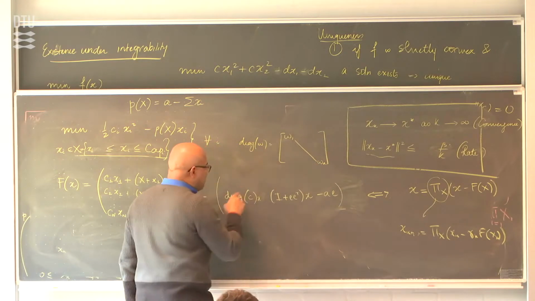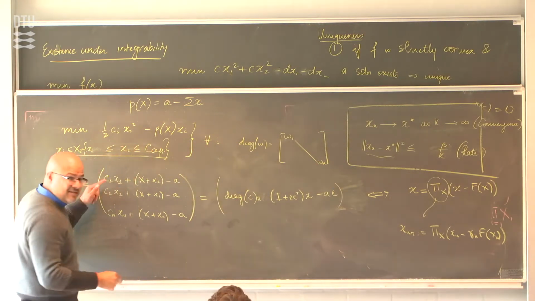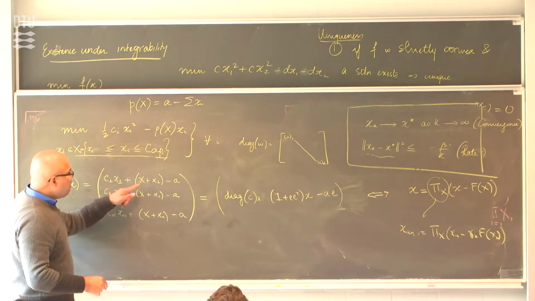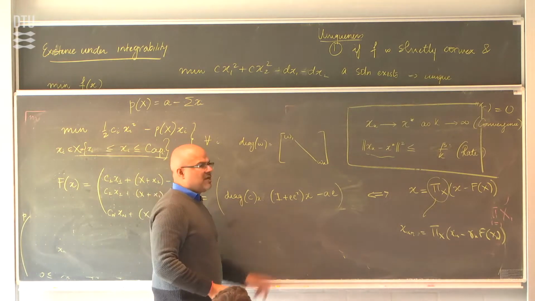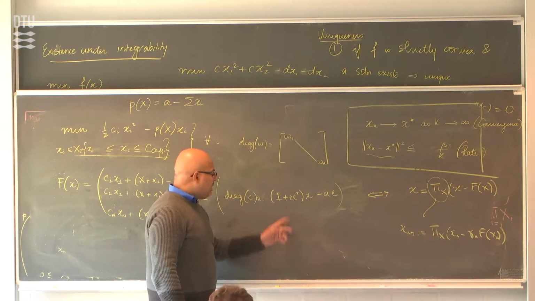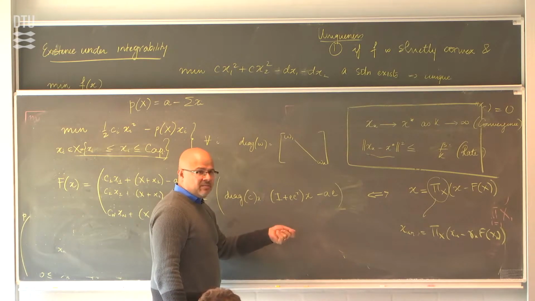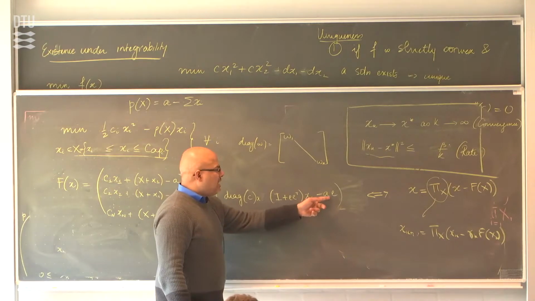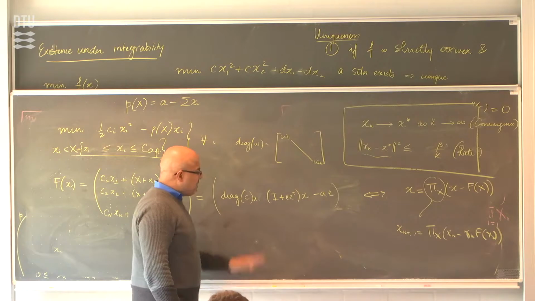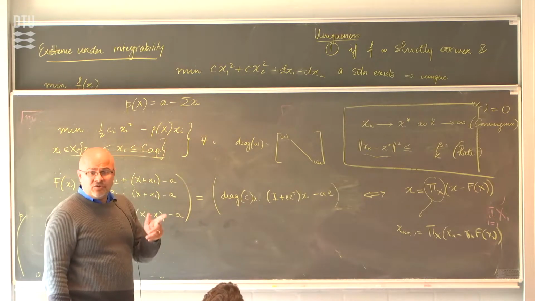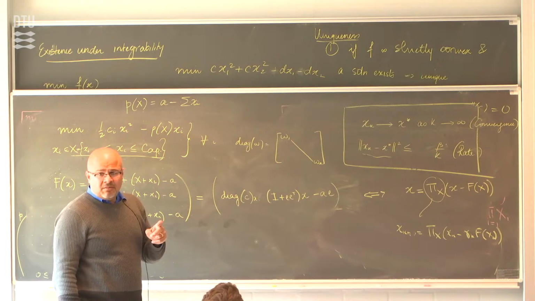So when I say diag(C) times x, I get exactly this. Similarly, I can write this as (I plus E E transpose) times x, where E is the column of ones, and minus a times E, the column of ones. If there's something you don't see in this, tell me and I'll go through it again.